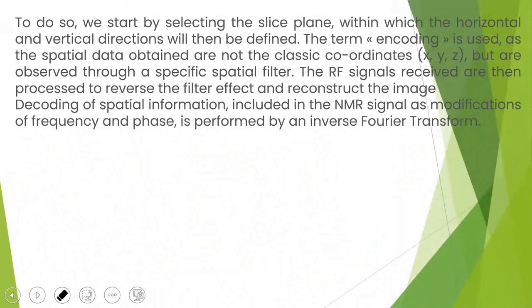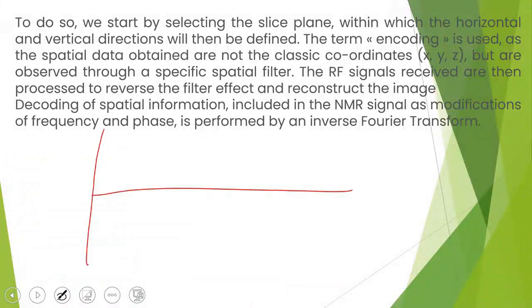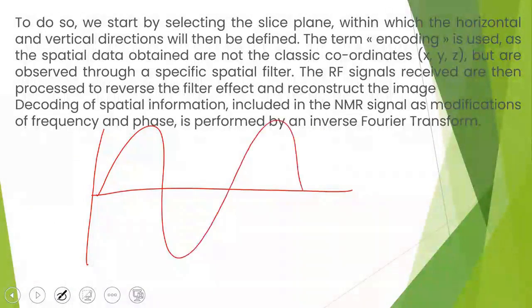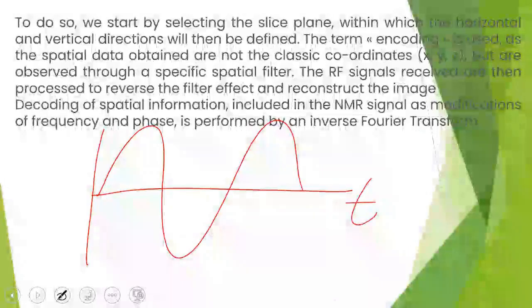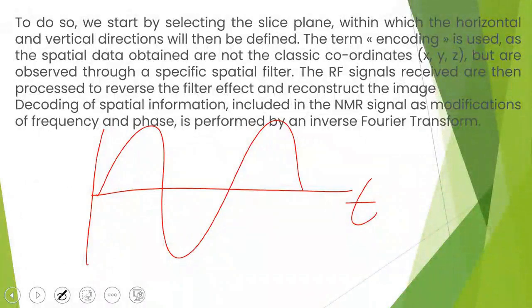When I say I have a signal like this, this is the time. If there is another signal, this signal starts here, for example, at this point and ends at this point. Now, if I have another signal, this signal might look like this.